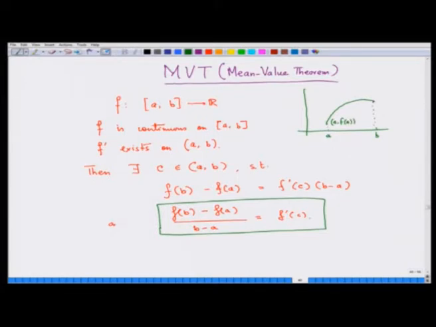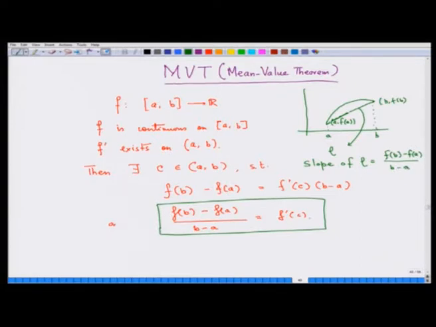The coordinates of this point are b and f(b), the endpoints. Now let us join these two endpoints (a, f(a)) and (b, f(b)) of the graph by a straight line. And if I write this line as L, then the slope of L is equal to (f(b) minus f(a)) by (b minus a).